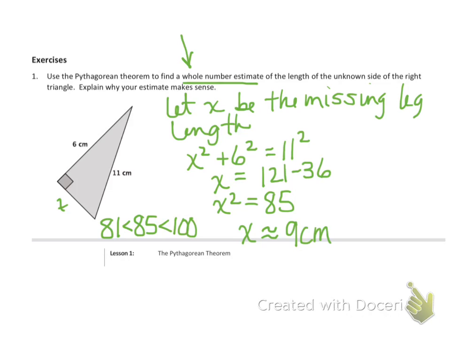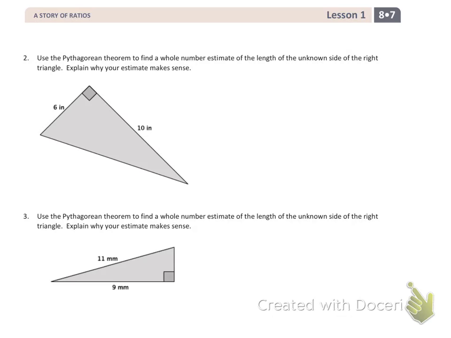Okay, let's look at the next one. Length C, and so let C be the hypotenuse of this triangle.